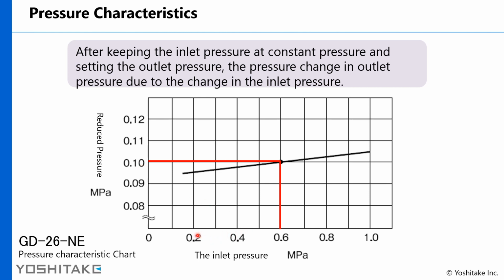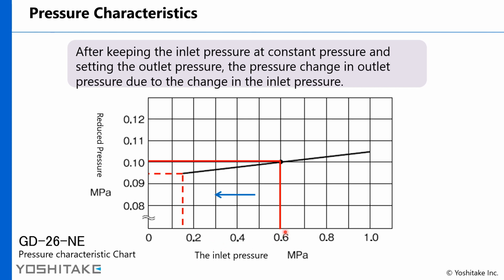When the inlet pressure changes from 0.6 megapascal to 0.15 megapascal, the outlet pressure also will change.